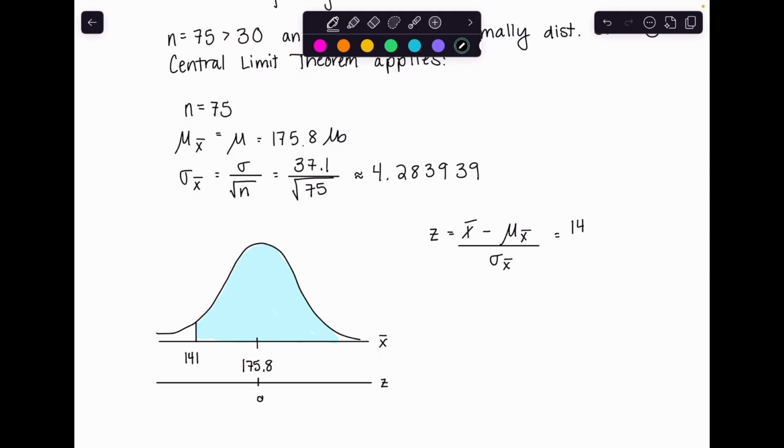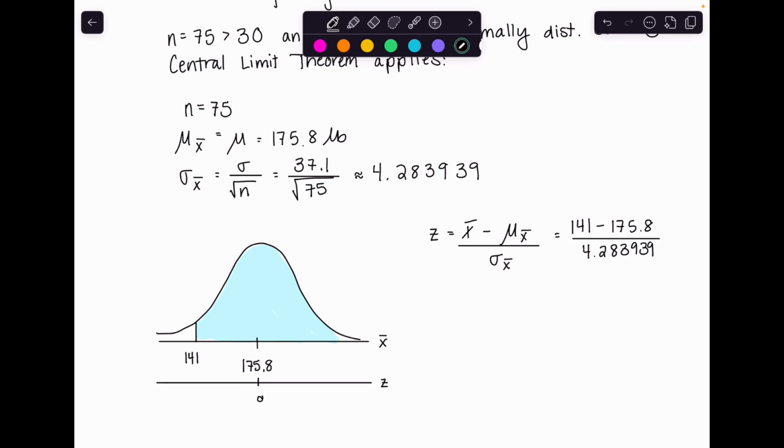So I'm going to take that 141, which is what I want that mean to be, subtract 175.8, and then divide it by my sample standard deviation, which is 4.283939. Again, I didn't round there because I wanted to go as many decimals as I could.